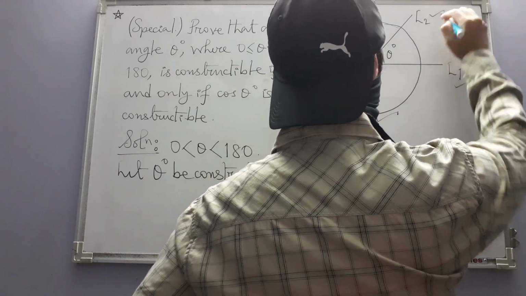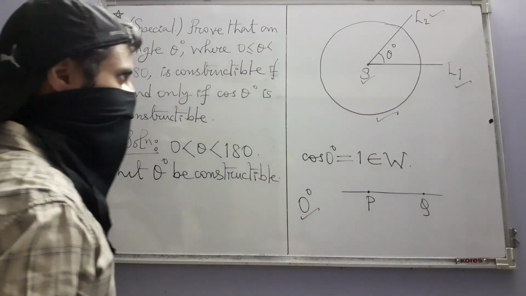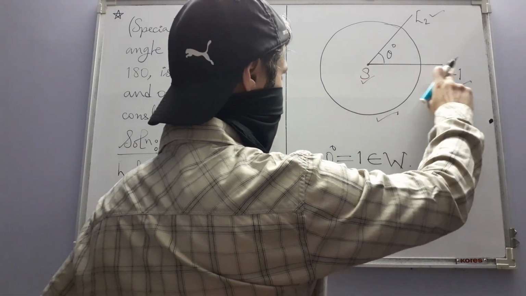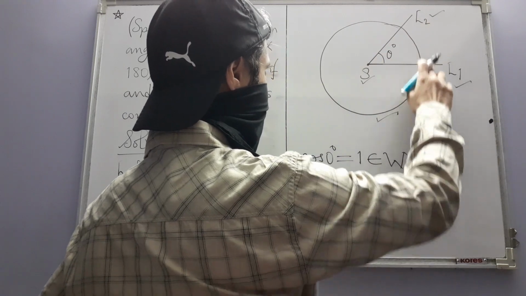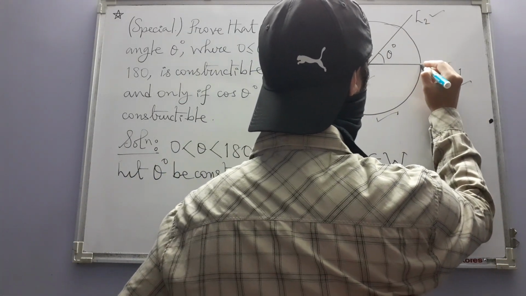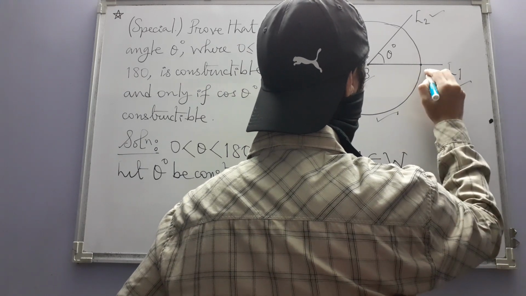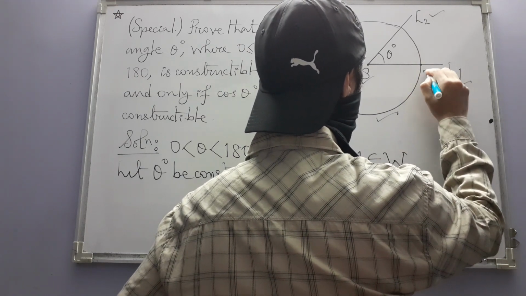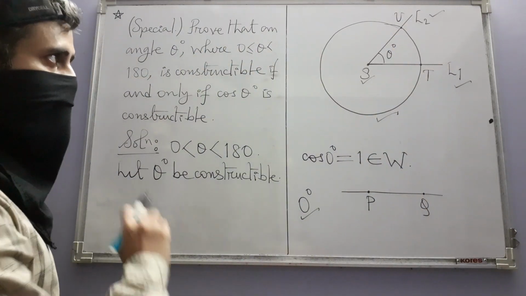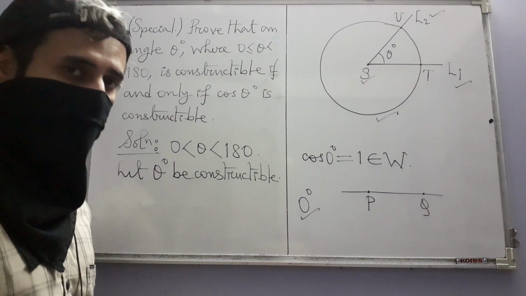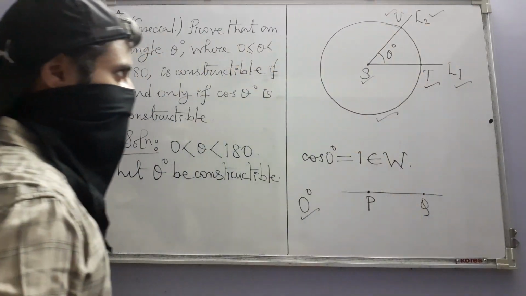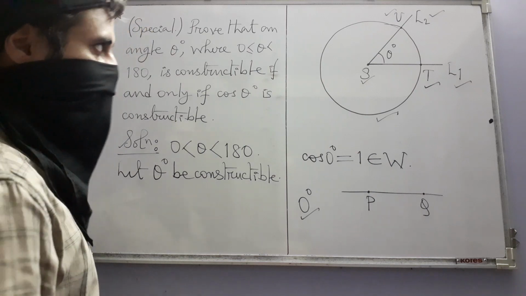So this is also constructible. The lines are constructible. S is constructible. And now look at this. These constructible lines are intersecting with this constructible circle at these 2 points. Let's call this T and this point U. So T and U also by definition are constructible because they are points of intersection of constructible objects.